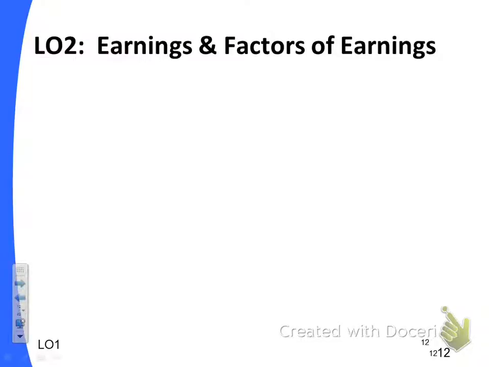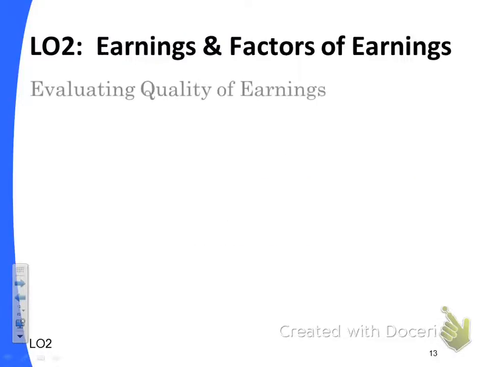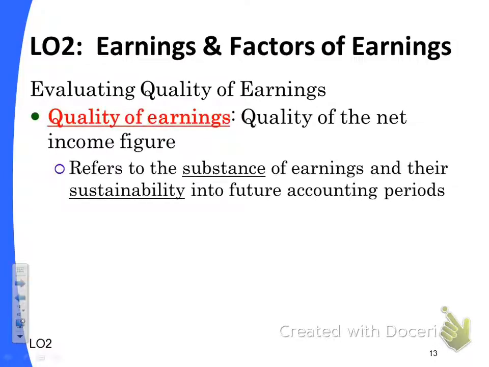So in Objective 2, we're going to start out by helping to define the quality of the earnings for a company and the factors that affect that quality of earnings. So in evaluating the quality of earnings, we have to look at the net income figure and not only understand that they achieved a net income, but understand where that net income came from.